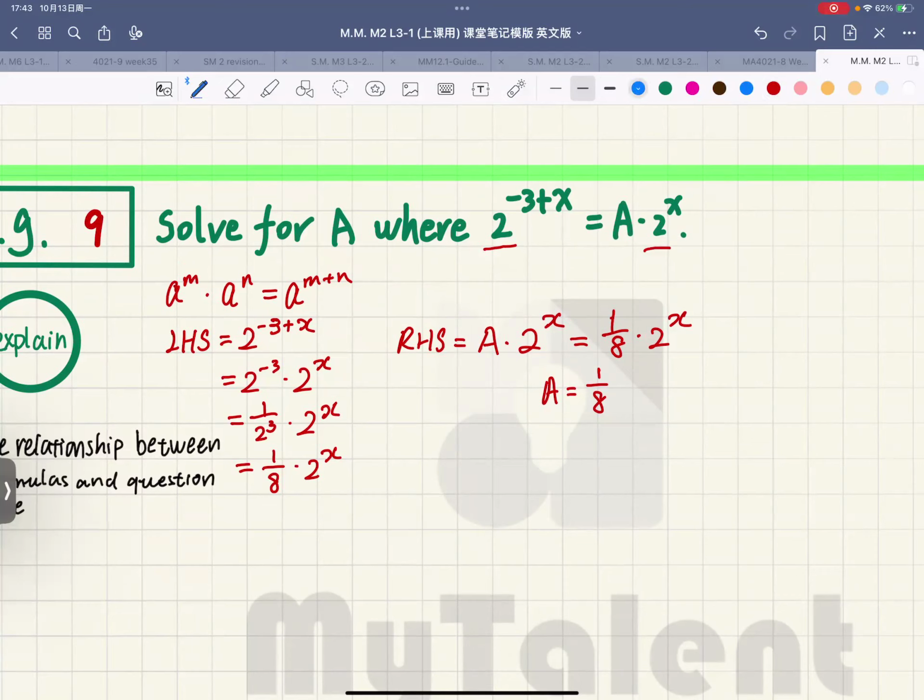On the left-hand side, we have 2 to the power of something plus x. On the right-hand side, we have 2 to the power of x. So basically, we have the same base. The base is 2, and the power is different. But we can see something that is common. That's how we get started.